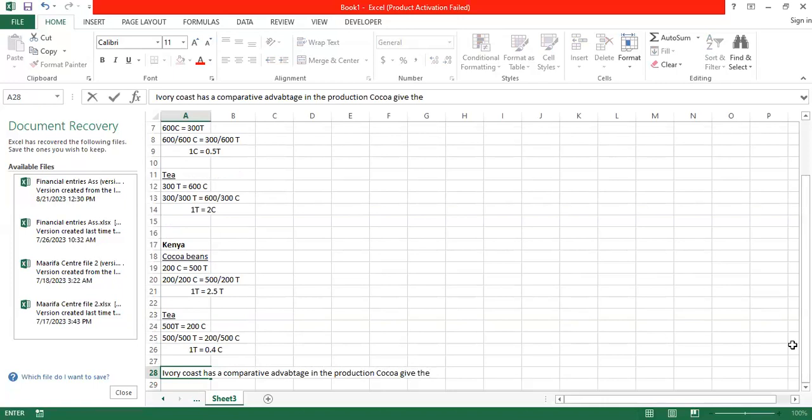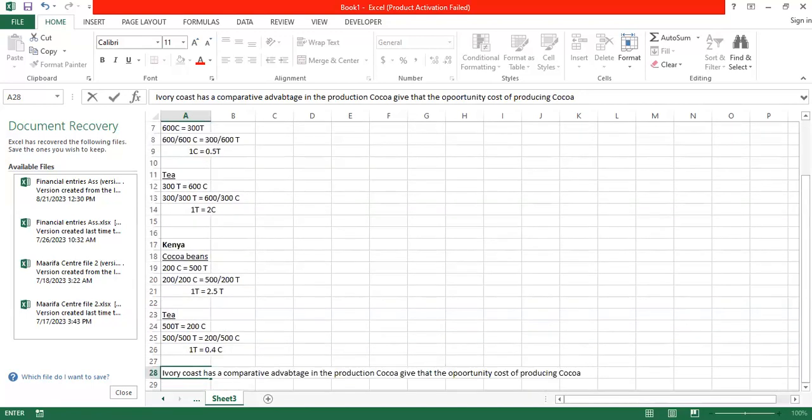given that the opportunity cost of producing cocoa, oops, my spellings, I hate typing so much.